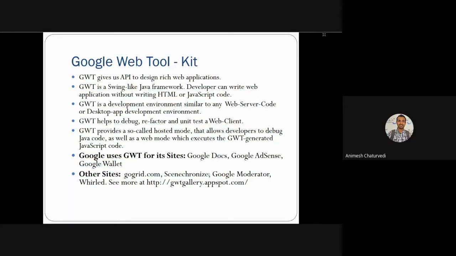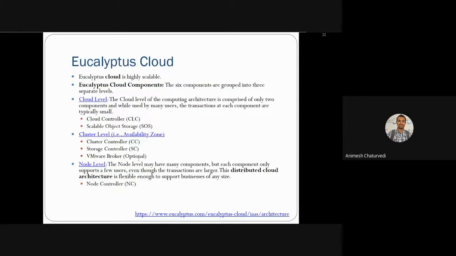Other famous websites like Google Moderator and GoGrid.com are developed on Google Web Toolkit and deployed over Google App Engine. You can see the gallery of GWT-based Google App Engine deployments at gwtgallery.appspot.com. In the next class, we will discuss Eucalyptus Cloud as infrastructure as a service.